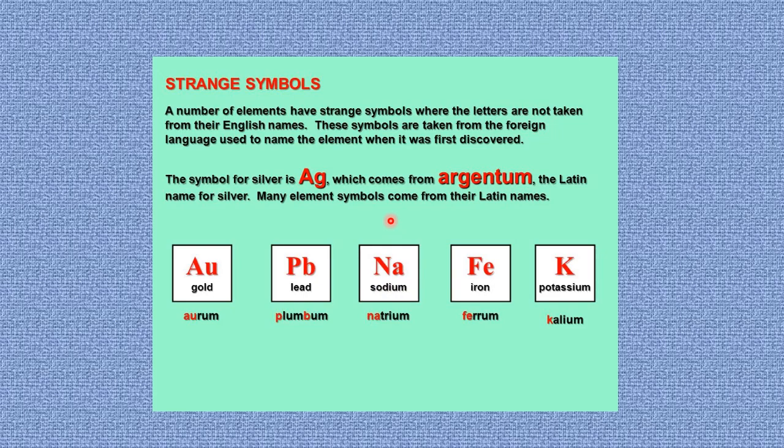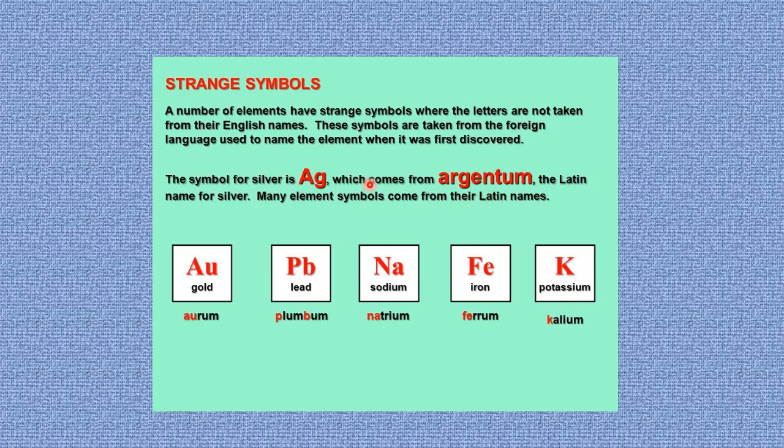Now, moving along, finally, we'll be looking at another way in which chemical symbols are derived. In the other elements, we use the letters from their English names. But in this fourth case, the symbol of silver, for example, comes from the Latin word argentum, which is, of course, Latin for silver.